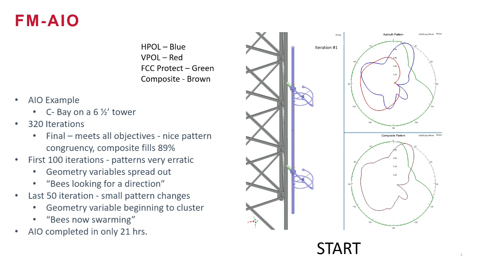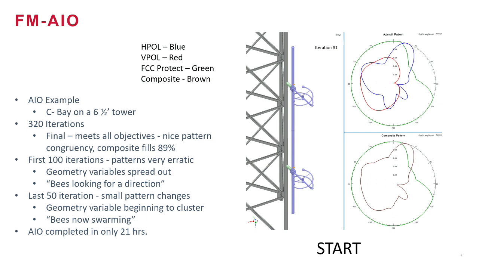leg of the tower, and the green contour that you see, that's the FCC Protect contour. In the top graph, you see the H-pole and the V-pole, and in the bottom, you see the composite, right? So if you stopped here, you would fail the first test, which is the FCC Protect doesn't meet that, right?